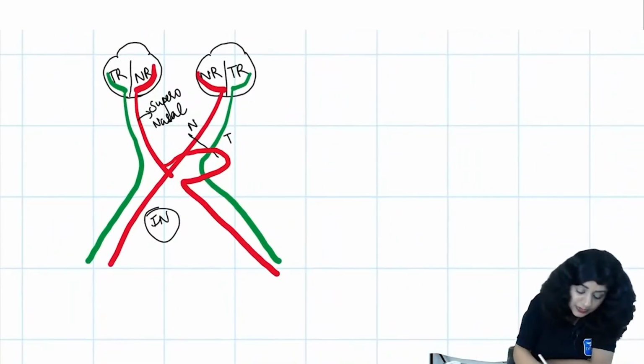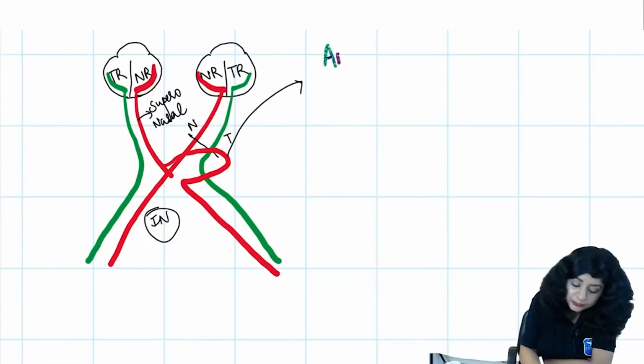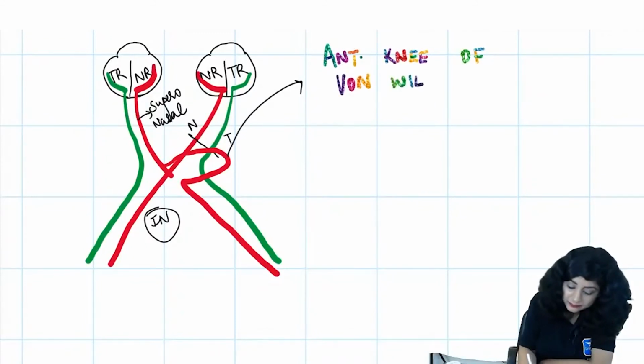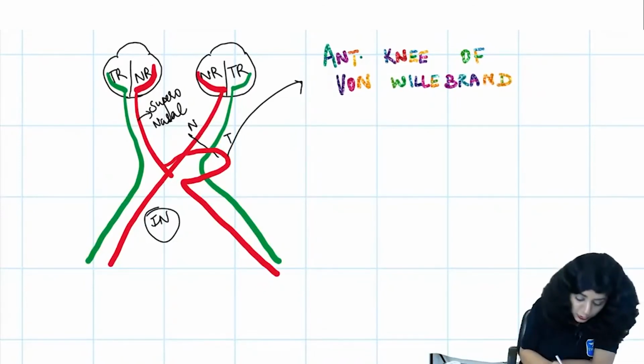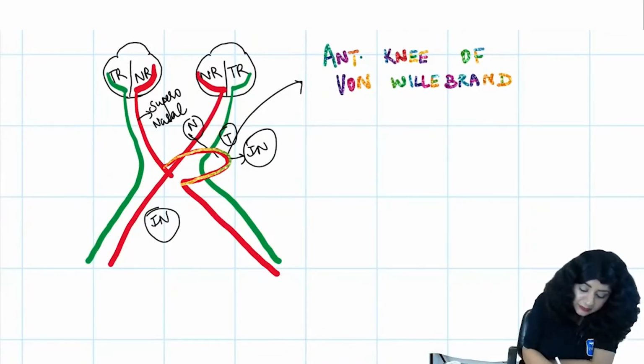This loop is called the anterior knee of von Willebrand. This loop is carrying the infranasal fibers, and it is also carrying the temporal fibers and the nasal fibers.